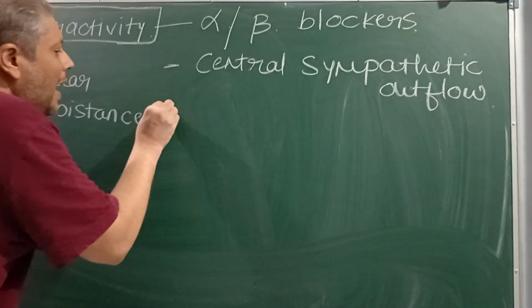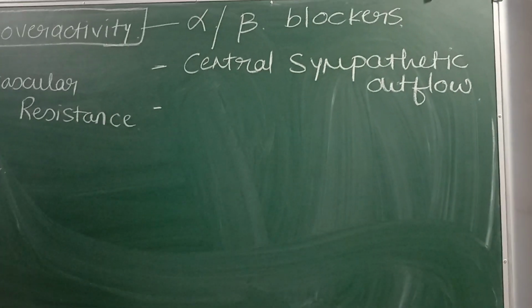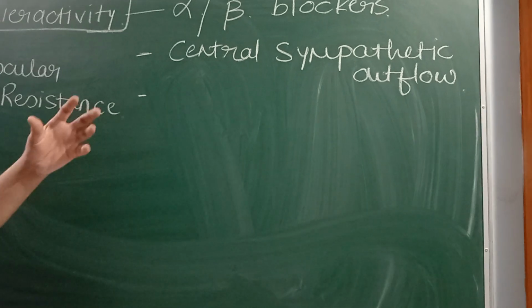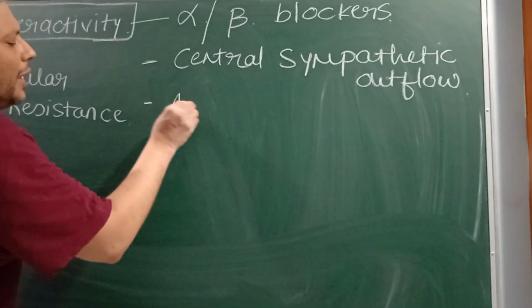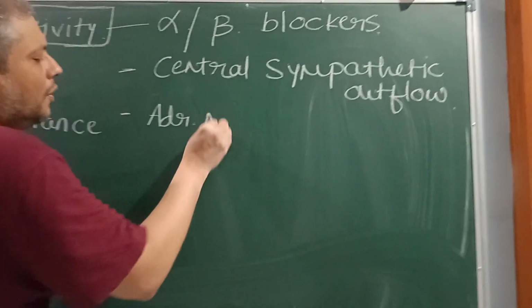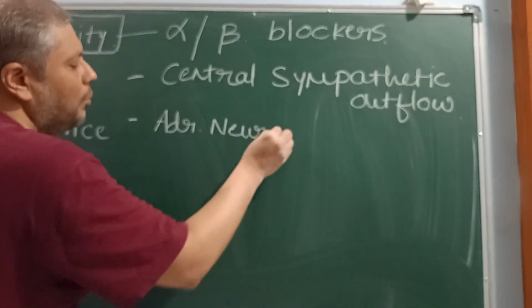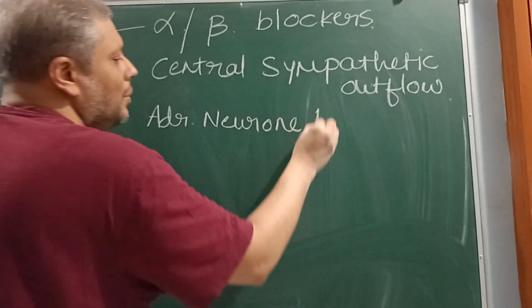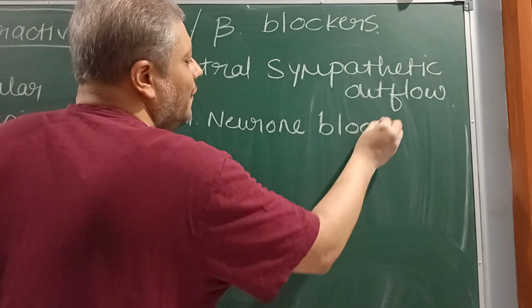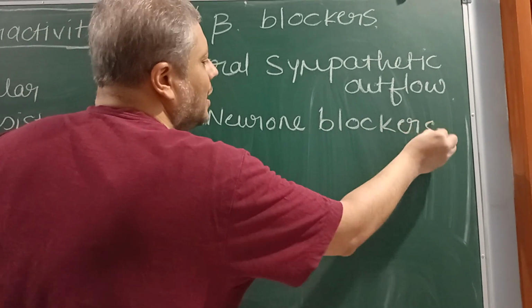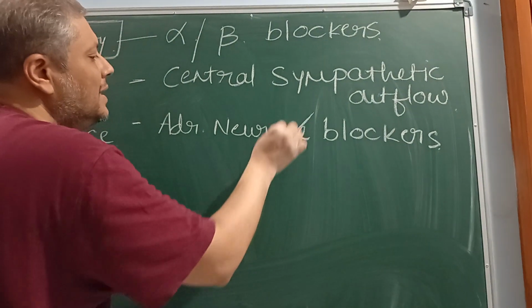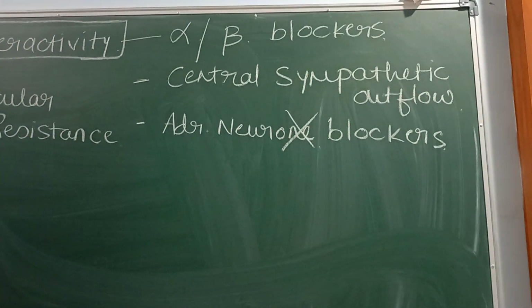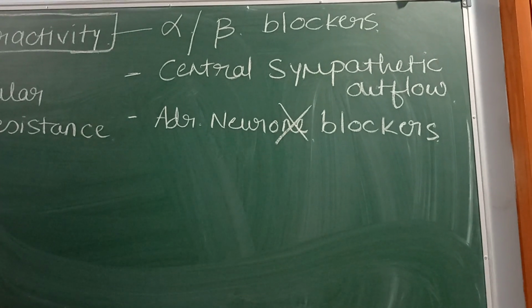Okay, and the next is you can directly block the adrenergic neuron. So the adrenergic neuron blockers. But these agents have significant adverse effects, so I will not go into the detail, and that's why these agents are not used therapeutically.